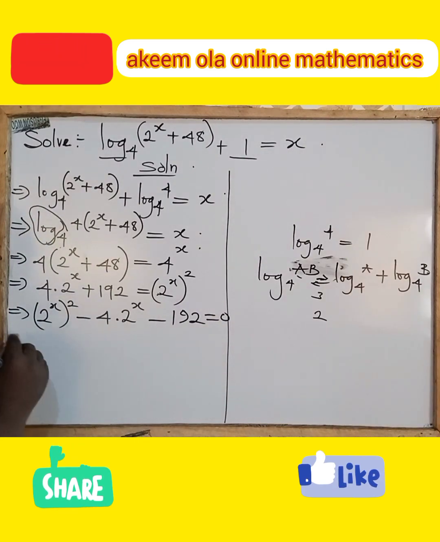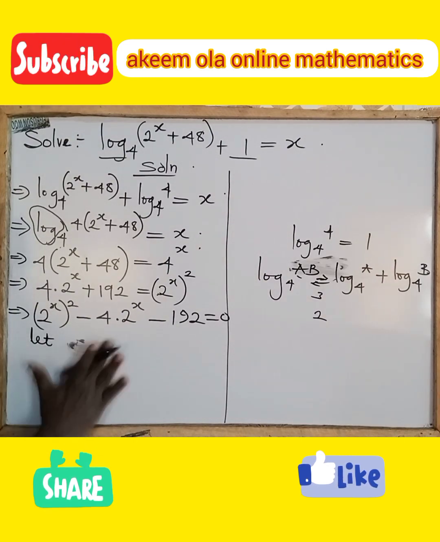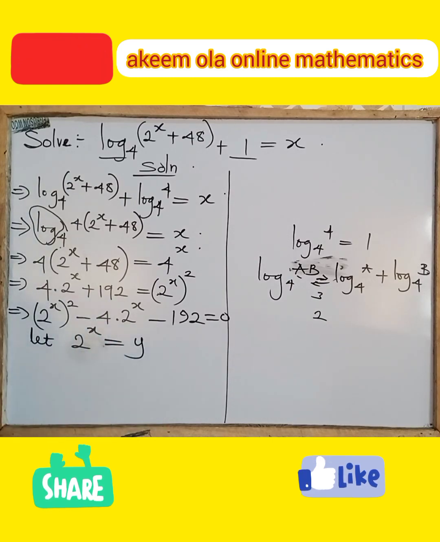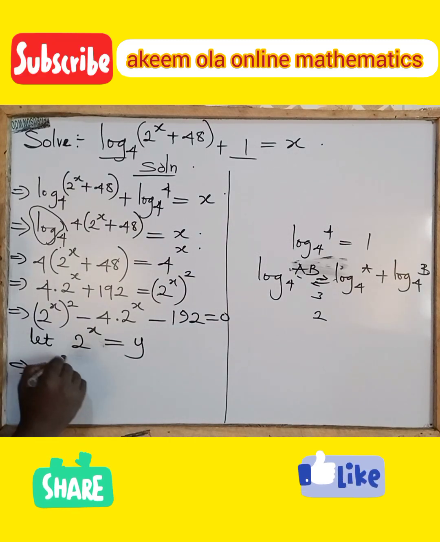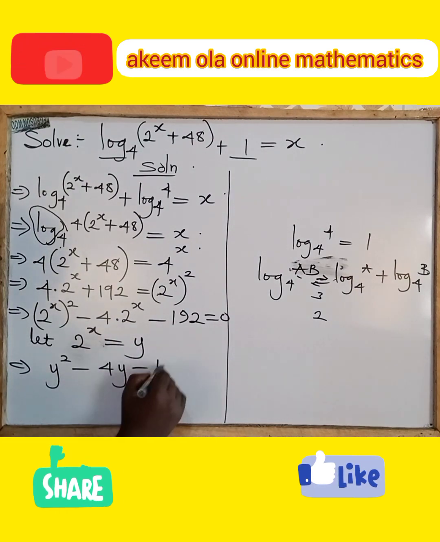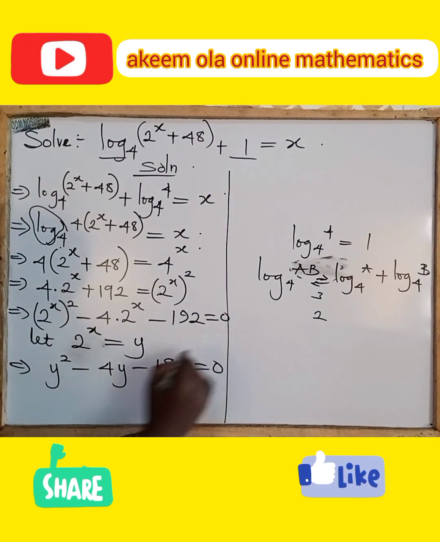Let 2 raised to power x be equal to y. That means anywhere I come across 2 raised to power x, I will change it to y. So we are going to have y squared minus 4y minus 192 is equal to 0.